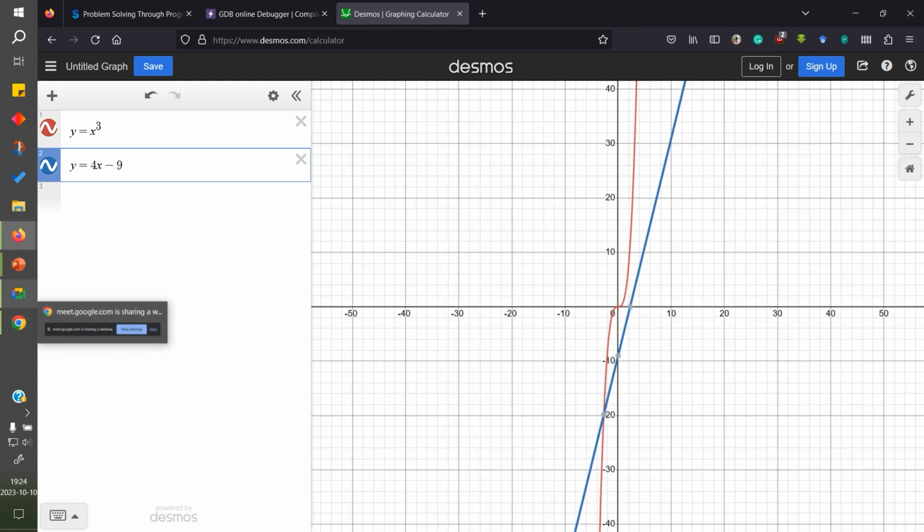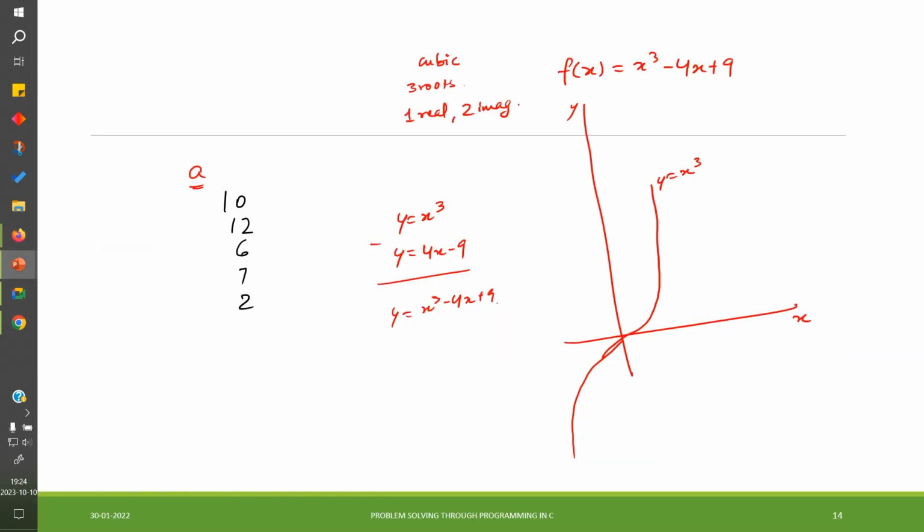All right. Let's see how this visualization goes. Technically, what should happen is that, let me use some other color here, say green. Next I will draw y equals 4x minus 9. This passes through minus 9 somewhere around here, and 9 by 4, so roughly 2 point something.